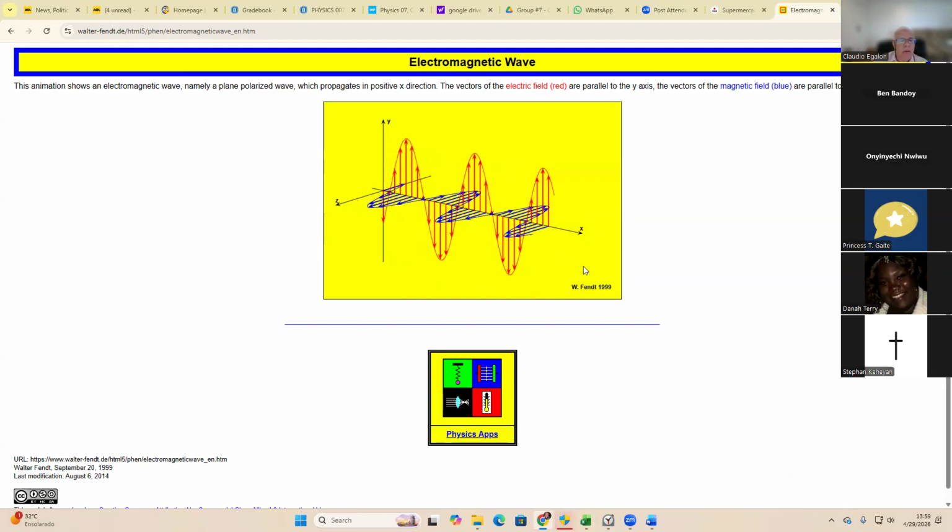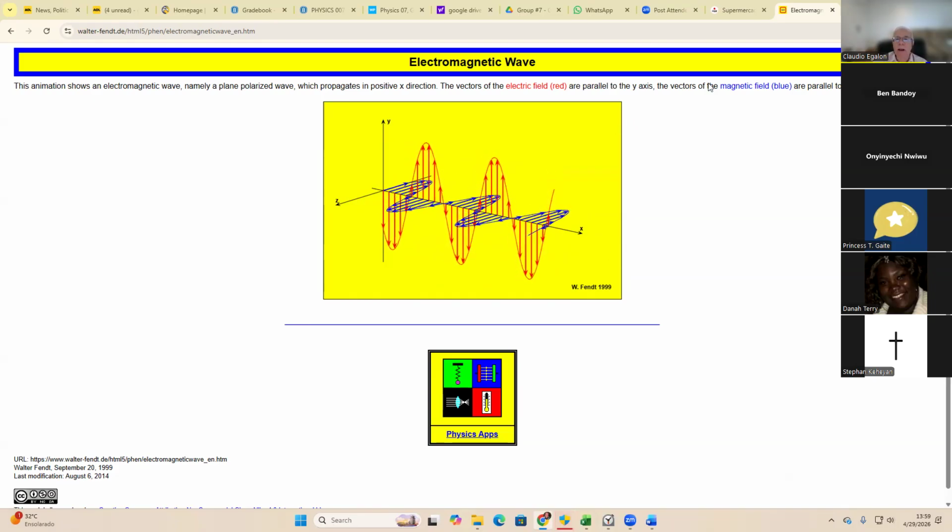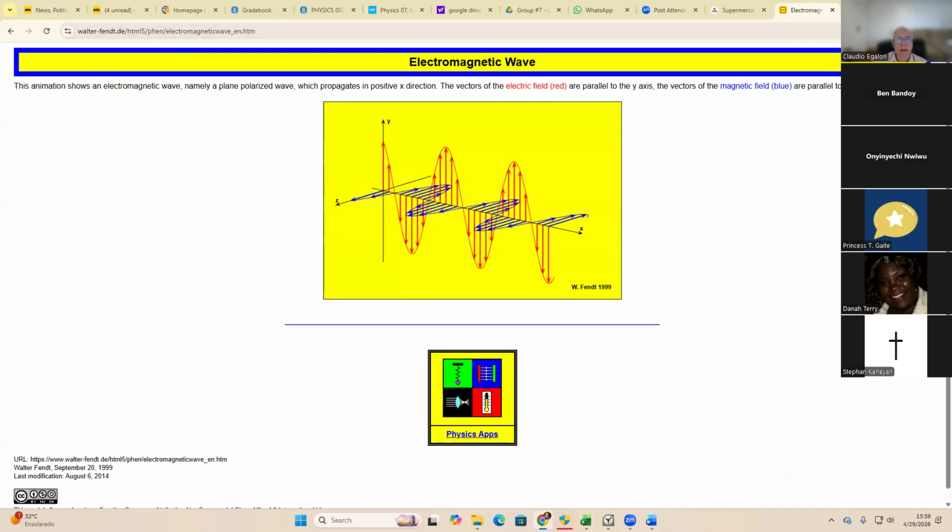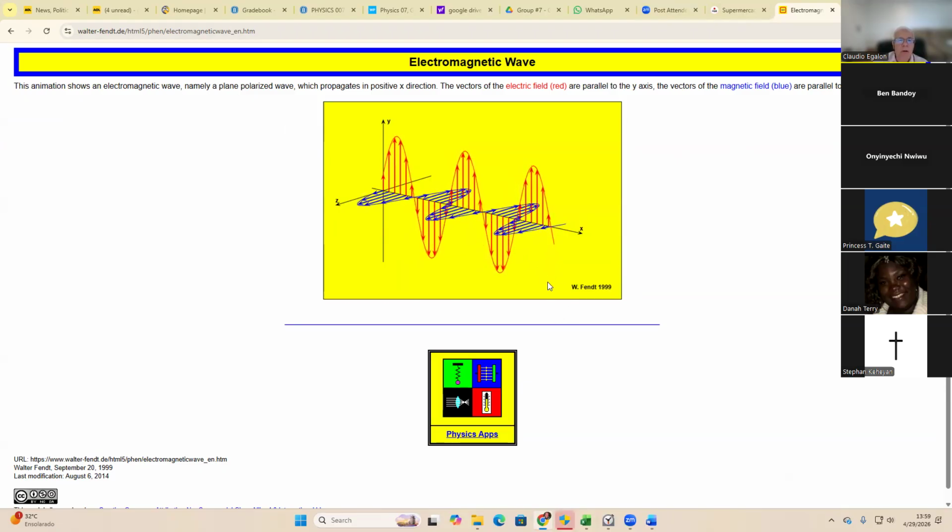In this case, he got the electric field in the y direction, and he got the magnetic field in the z direction. That's how he did it in this specific case. But that's how it looks: the electric field perpendicular to the magnetic field. Let's make it consistent with this drawing, right?